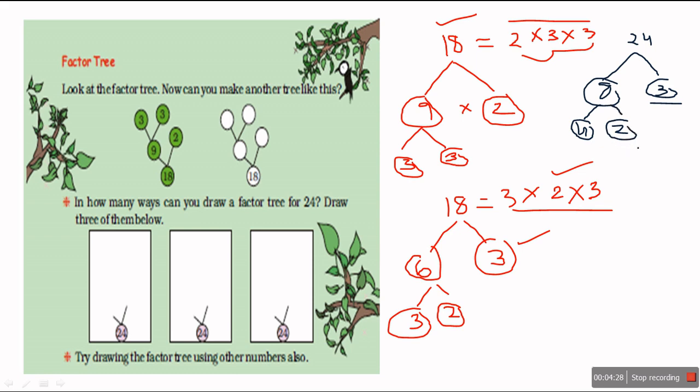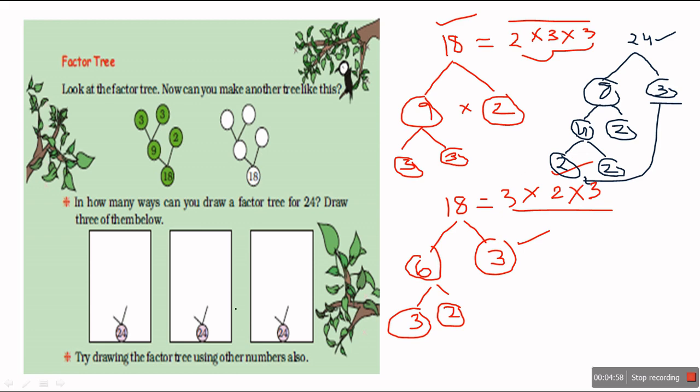This 2 is a prime number, so this branch will finish here. This 2 times 2 is 4. 2 times 2 is 4, times 2 is 8, times 3 is 24. So by multiplying these factors, we can get this number. So 24 can be expressed as the product of 2 into 2 into 2 into 3.